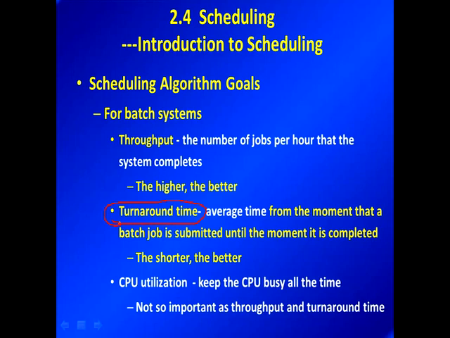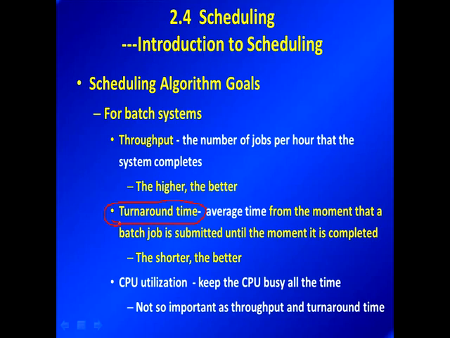So when we learn some algorithms in the next part relevant to batch systems, we'll calculate the turnaround time of different algorithms on the same batch of jobs to see which algorithm can get a better turnaround time.